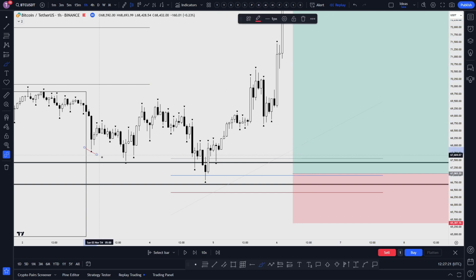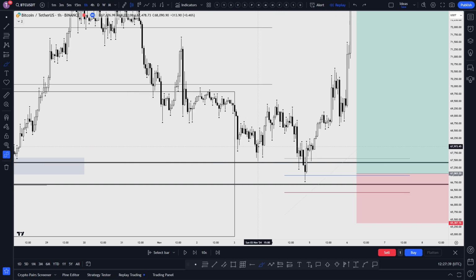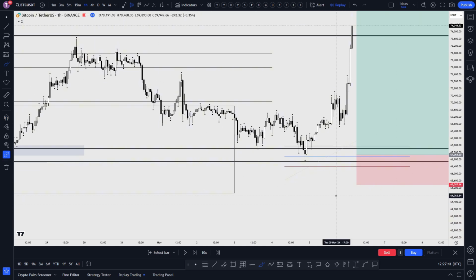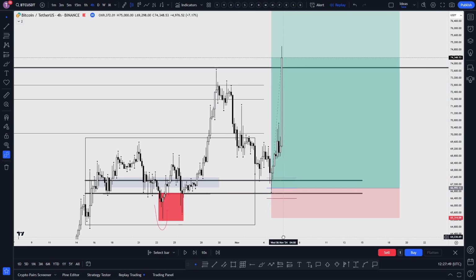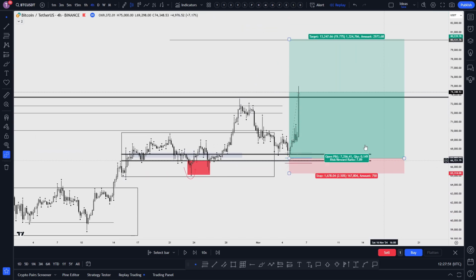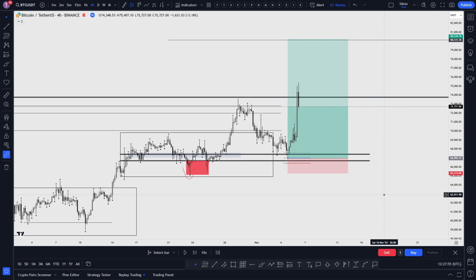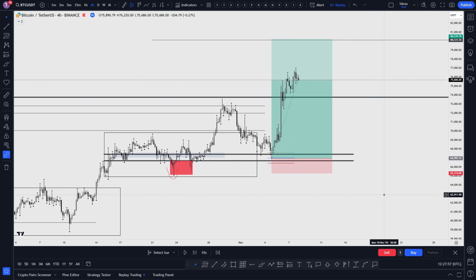We got a really nice clean accumulation on a really key level, and I could be looking for a refined entry around this level because we tapped into my zone and we started to have momentum to the upside. I could use literally the same logic as I just did, but because I don't need to be too precise, since the risk to reward ratio is really good, I can just execute the trade right here and let the rest run.